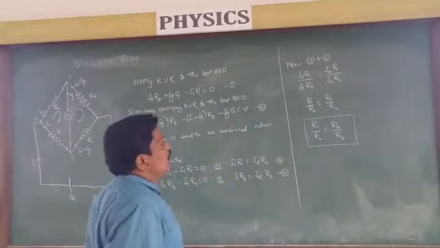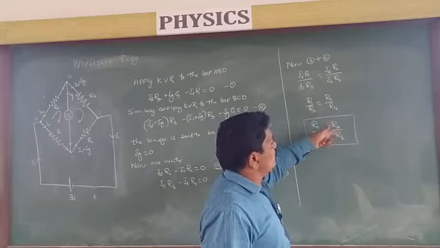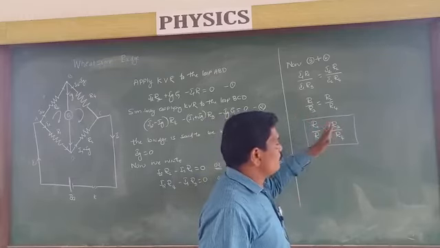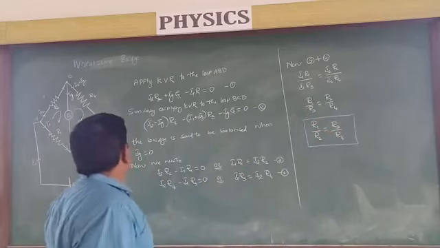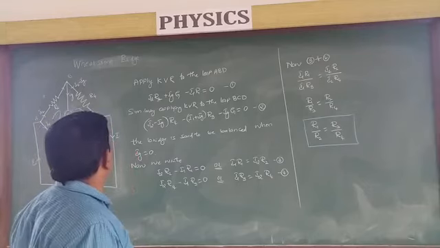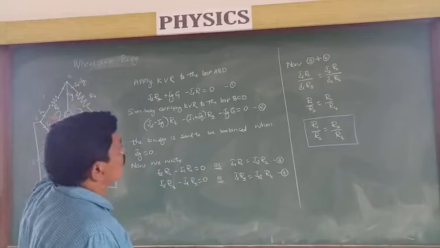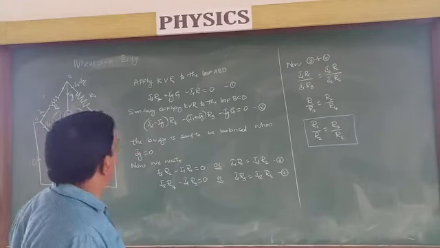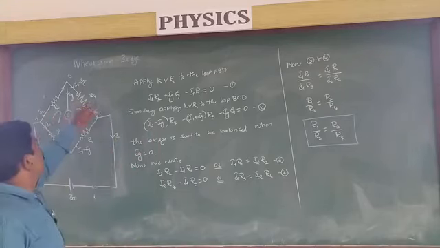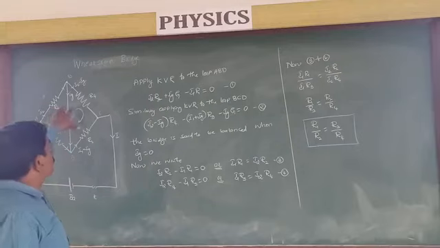See, after getting the ratio R1 by R2 equal to R3 by R4, if one resistance is unknown, like you can say R4 or R1, among these two, if one resistance is unknown, then how to measure the unknown resistance?